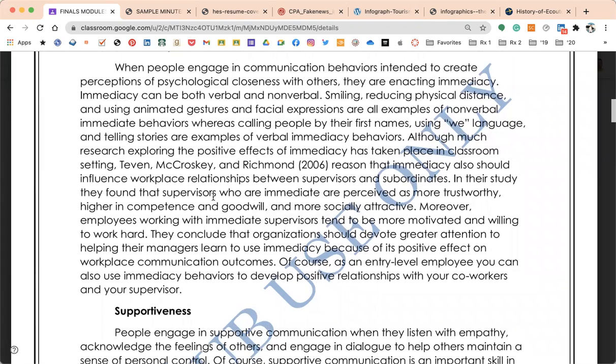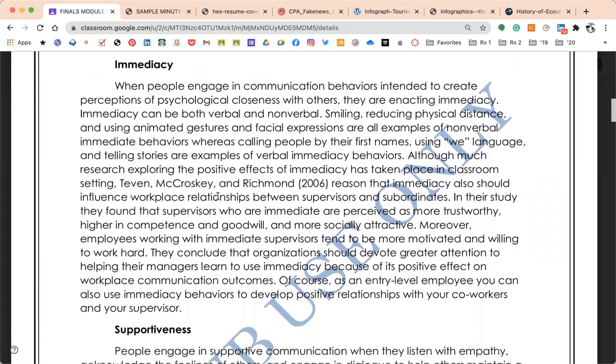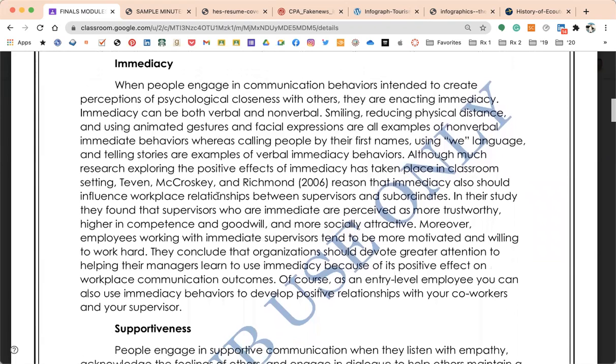What did they do? Supervisors who are immediate are perceived as more trustworthy, higher in competence and goodwill, and more socially attractive. So when you become boss in the future, my students, may time sa future, pag mga 30s, 40s na kayo, magiging boss na rin kayo, or yung iba sa inyo may sarili na kayong businesses, or you're going to be taking over the business of your parents, right?